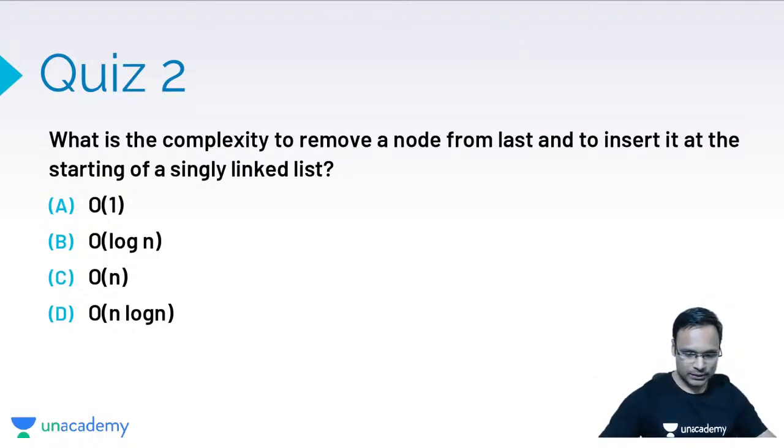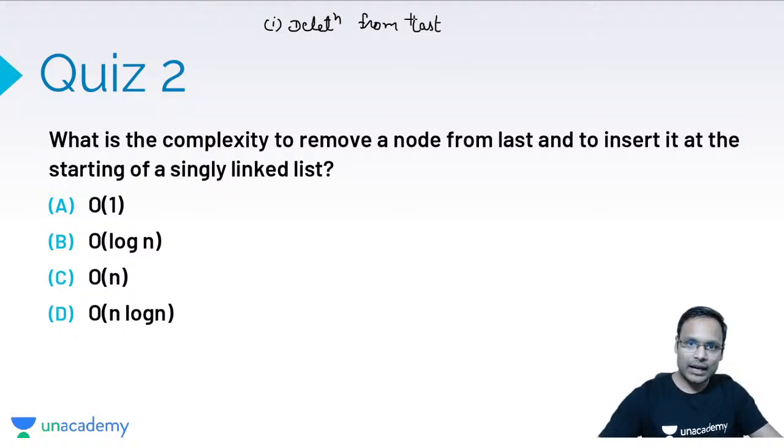So look at this. It's very simple. Two operations, one after another, you will have to do. What two operations? First operation is deletion from last, and after that you will have to insert that node, insertion at starting.